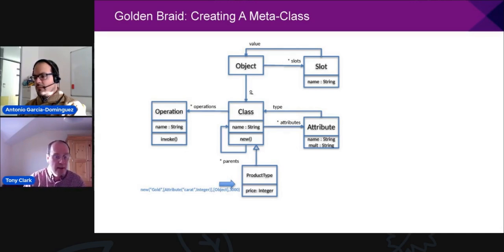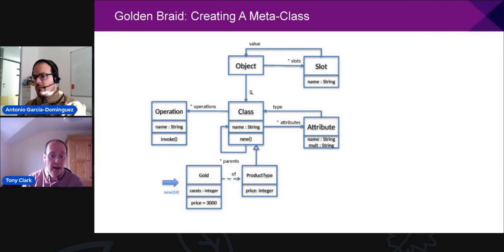But product type, instead of being an instance of class and inheriting from object as before, is an instance of class and it inherits from class, which gives us the opportunity, if we follow those new rules, those send rules as we had before, to send it a new message. And if we send it a new message, it allows us to create a class called gold, which is an instance of product type, which is a meta class, which is an instance of class, which is a meta class.